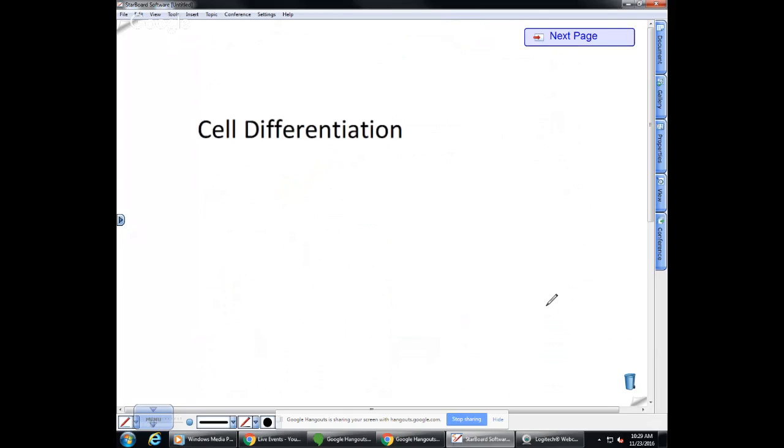Okay, so we can start talking about how cells differentiate. And so the important idea here is that we are all, at one point in time, a single cell. So all cells in the body have the same genetic material, except for if you're a chimera, right?